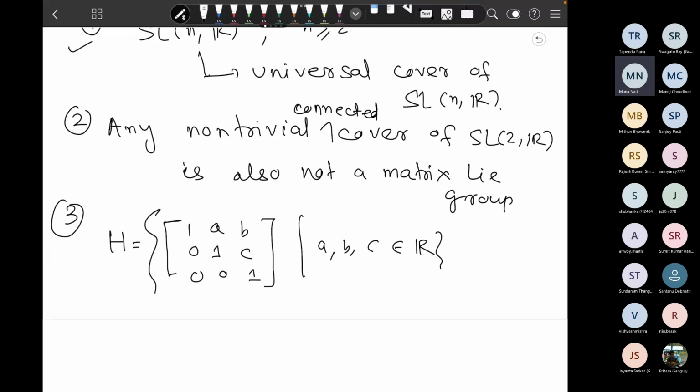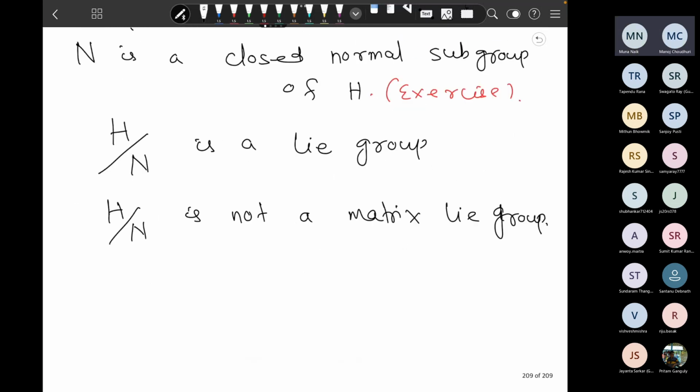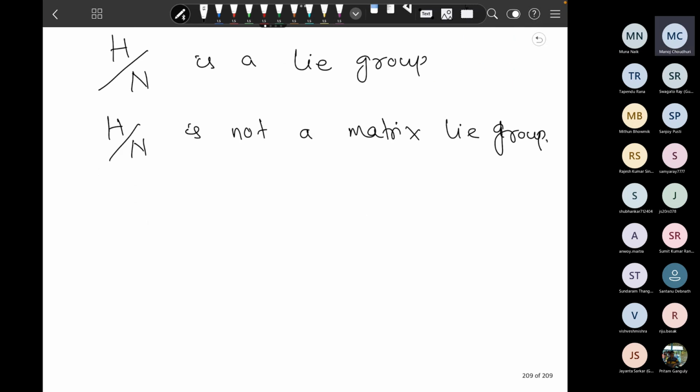Actually, I cannot recall this at this moment. Yes, it is not a closed subgroup of GLnC. Okay, this is the definition of matrix Lie group, right?